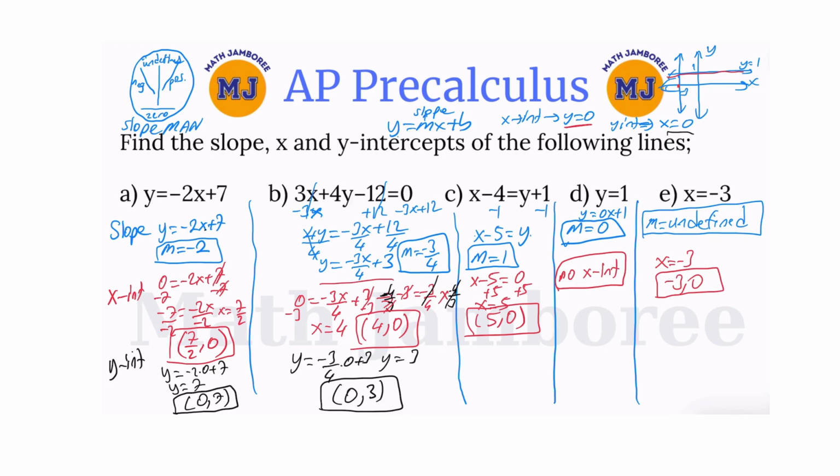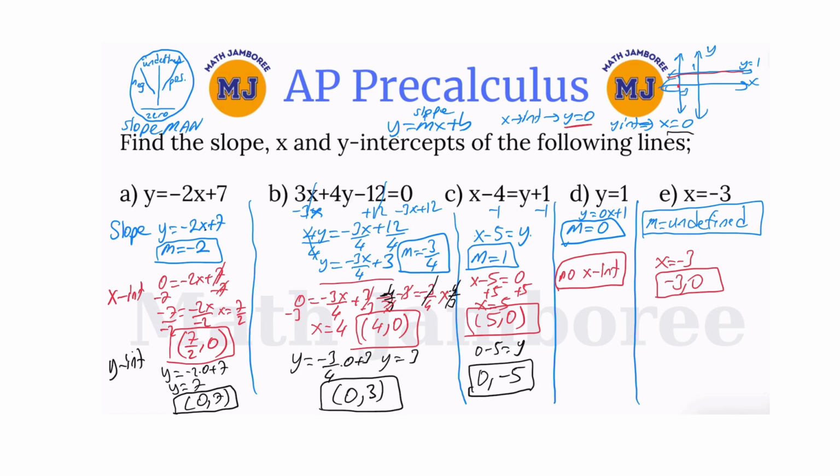And this one, y equals x minus 5, remember the original equation. When you substitute 0 for x, this becomes 0 minus 5 equals y, so y is -5. So the point is (0, -5) for the y-intercept.